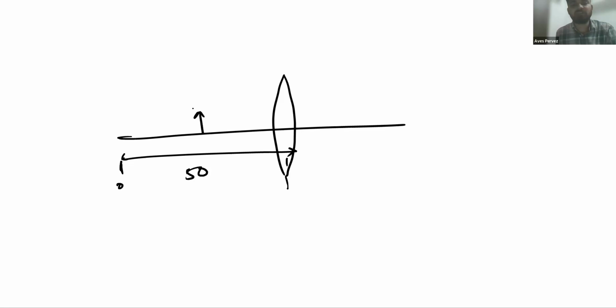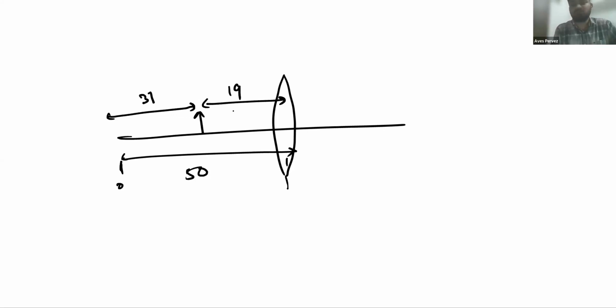Don't think that everything given here is calculated from the lens; it is calculated from this 0, not from the lens. So you have to solve the numerical problems by calculating the value from the lens. So here this is 31. What should be this distance? It should be 19.